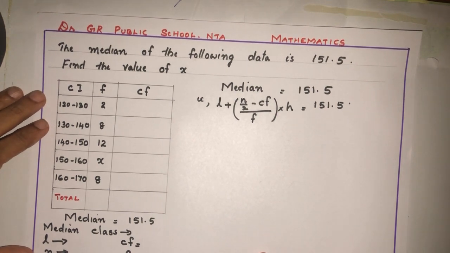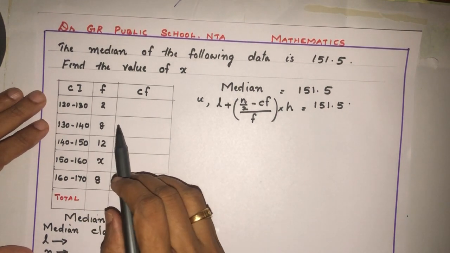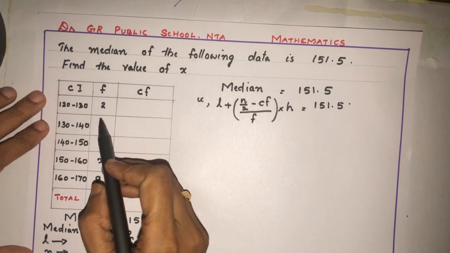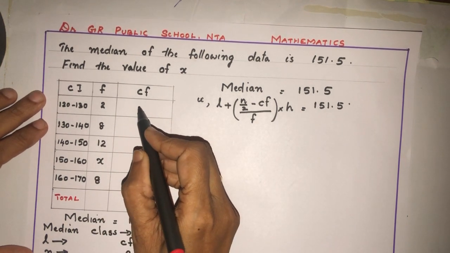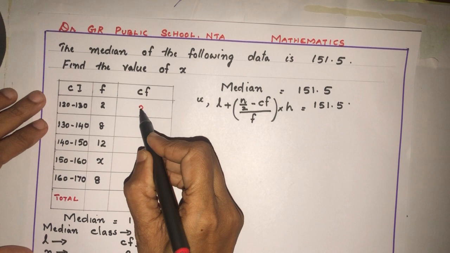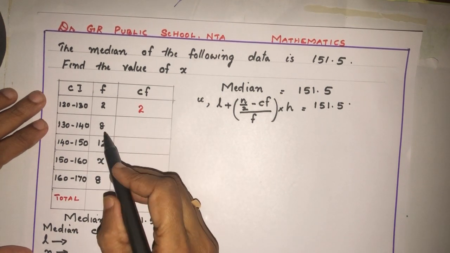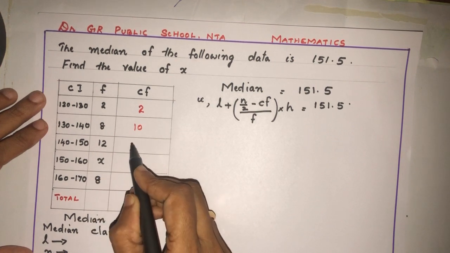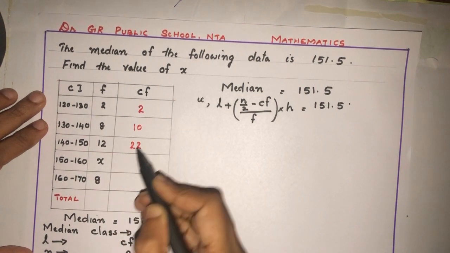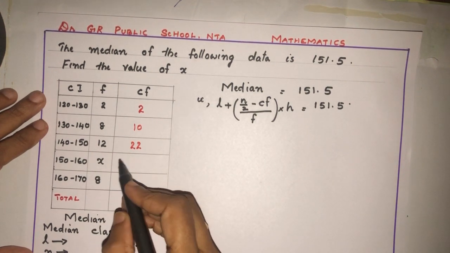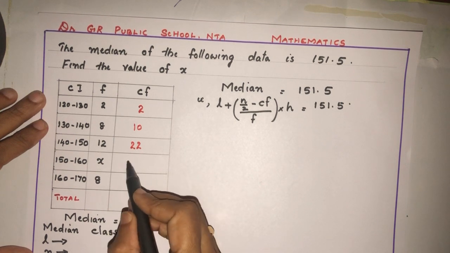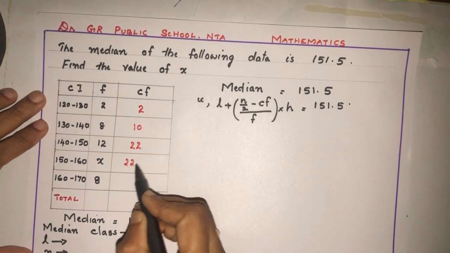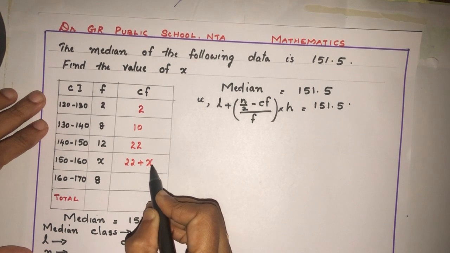You know that very well, so I am not going to explain more. First, cumulative frequency is 2 itself, then 2 plus 8, 10, 10 plus 12, 22, then 22 plus x. Don't write it as 22x, it is 22 plus x.